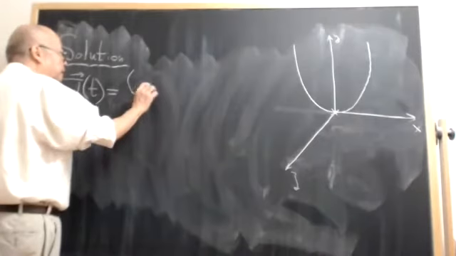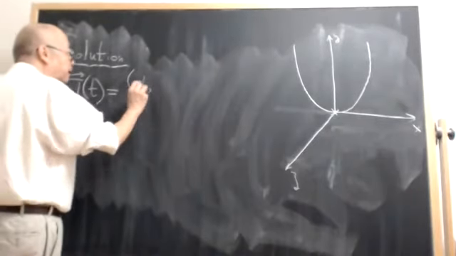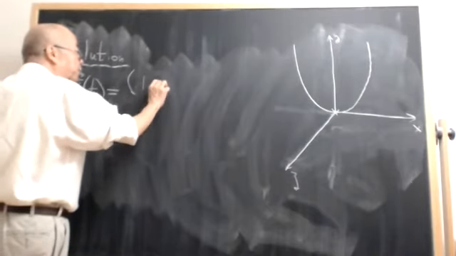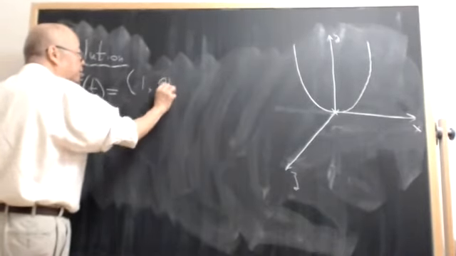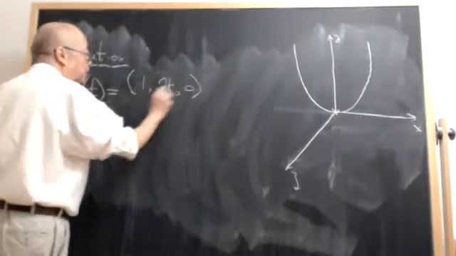So it's the derivative of t, which is 1, the derivative of t squared, which is 2t, and the third component.